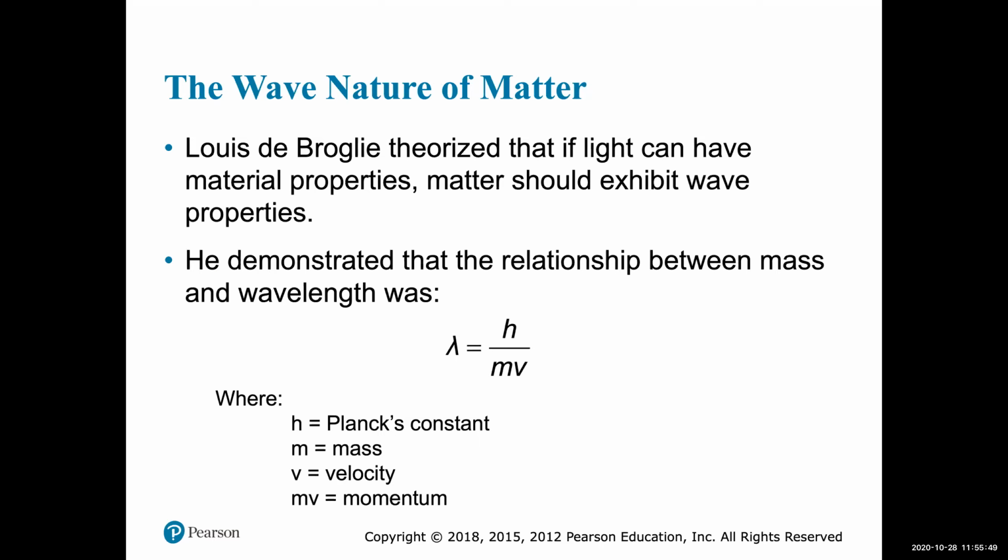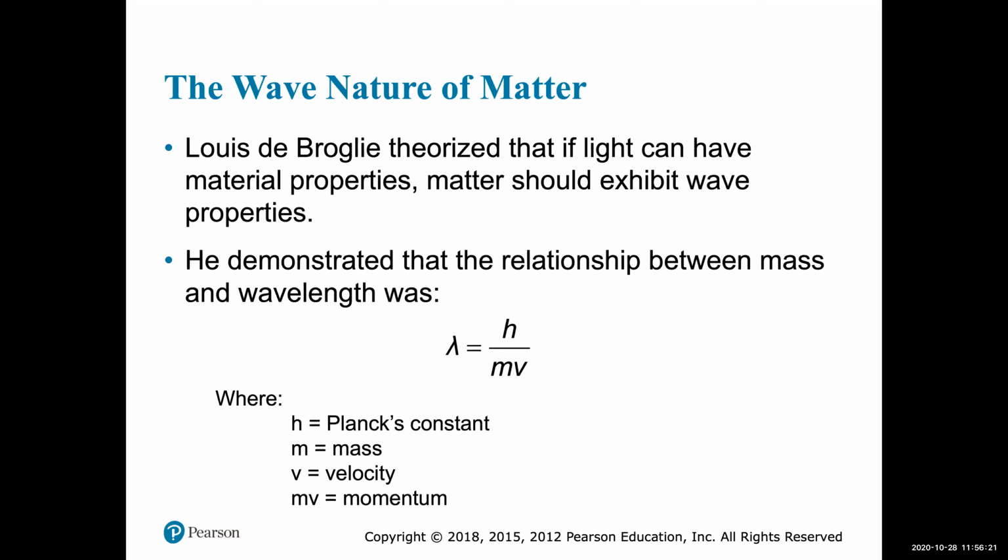So de Broglie said that matter should have wave properties also, and he had developed a relationship between mass and wavelength. So he said that wavelength is equal to Planck's constant divided by mass times velocity. And remember, we had previously defined mass times velocity as momentum.